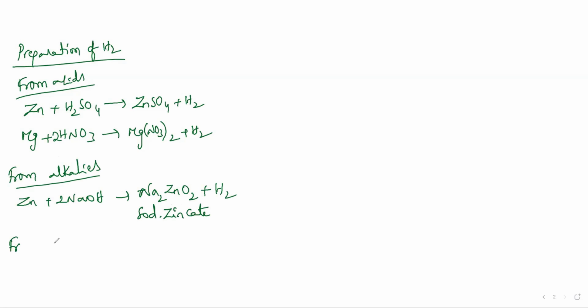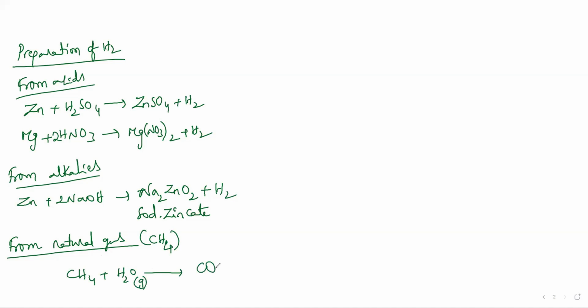Next method, from natural gas. Let us suppose it is methane. CH4 on passing with steam gives a mixture of CO and H2. Now, a mixture of carbon monoxide and hydrogen gas is called water gas, or syngas, or blue gas.